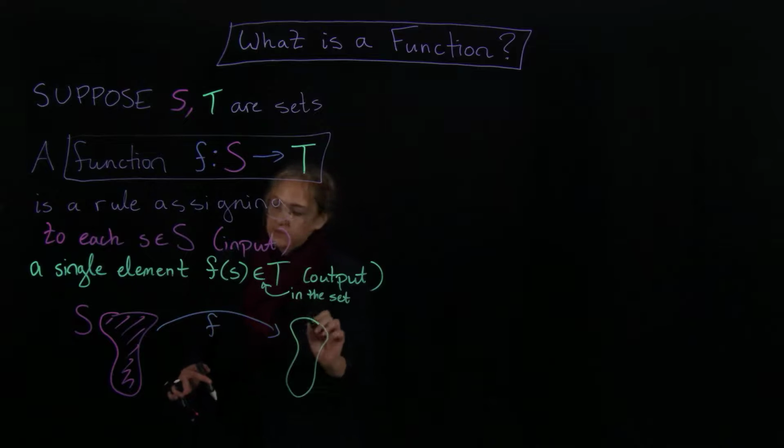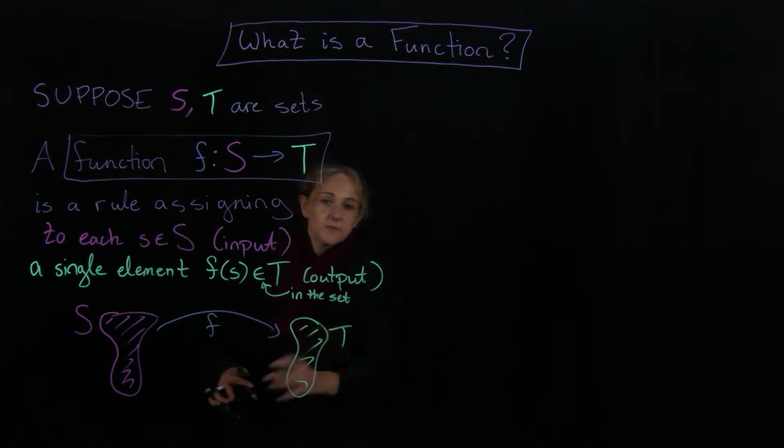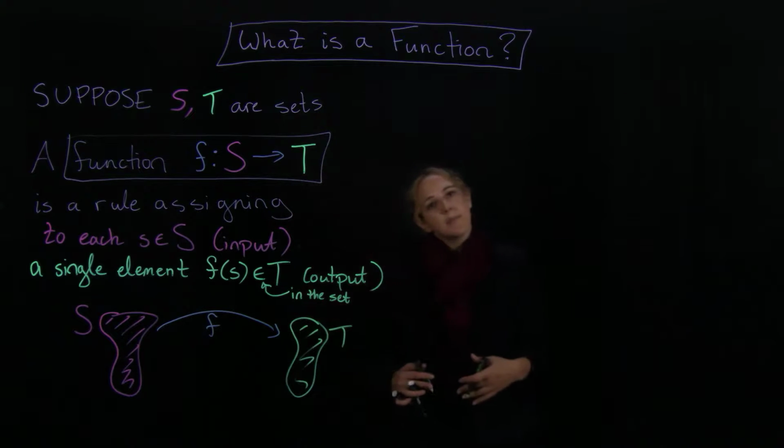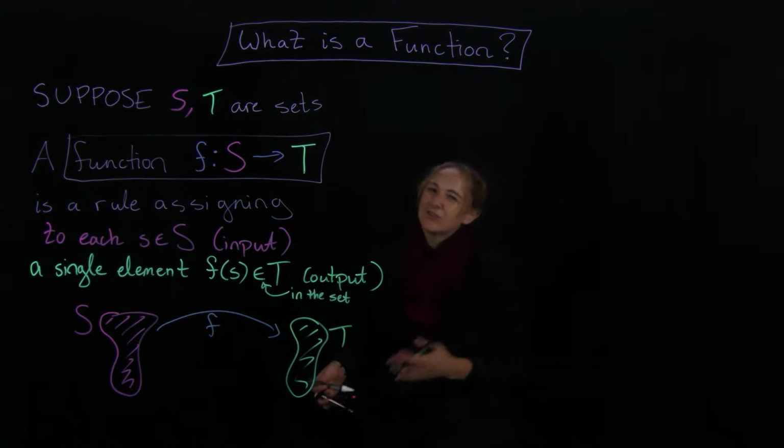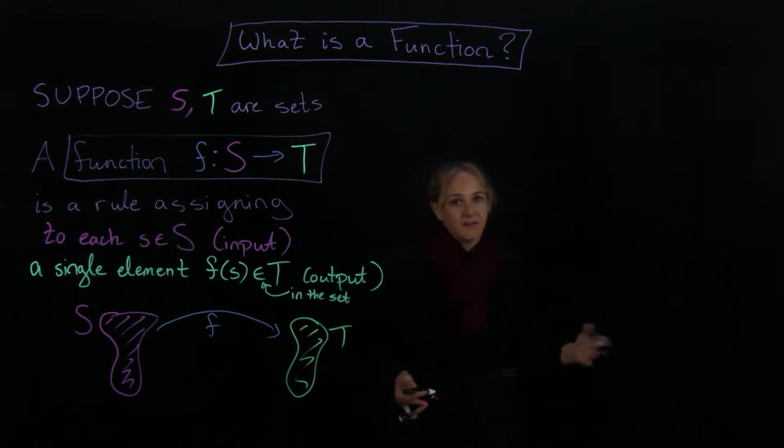Often we're just going to be going from the real numbers to the real numbers, but sometimes not. Sometimes you're going to go from R2, which we'll talk about down the line, to R, or R3 to R, or something like this.